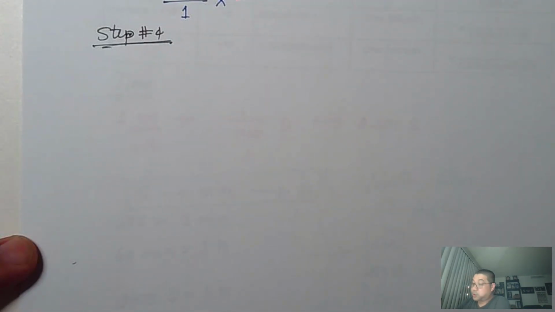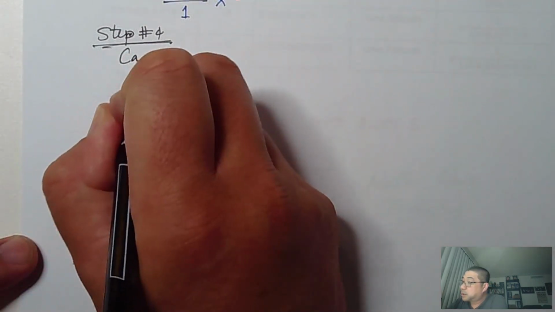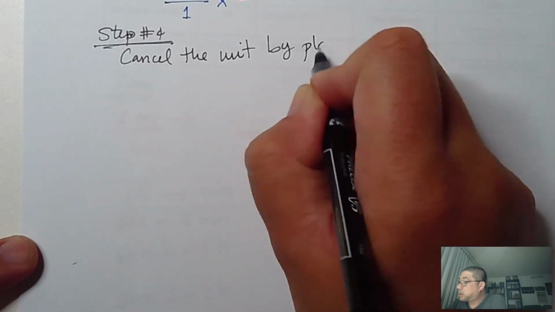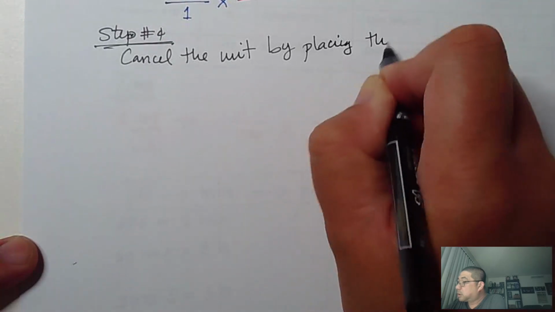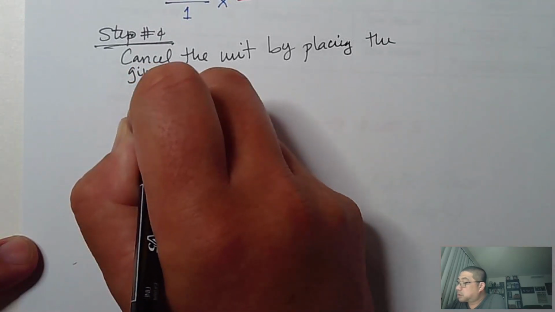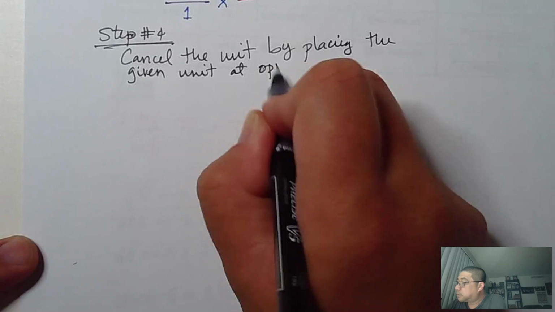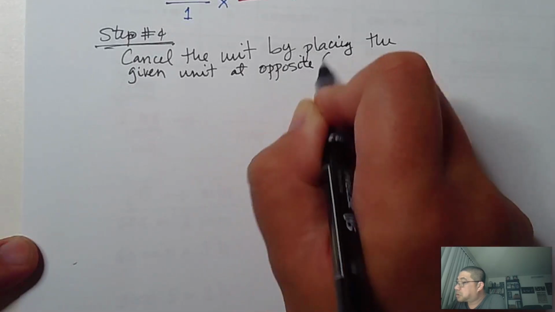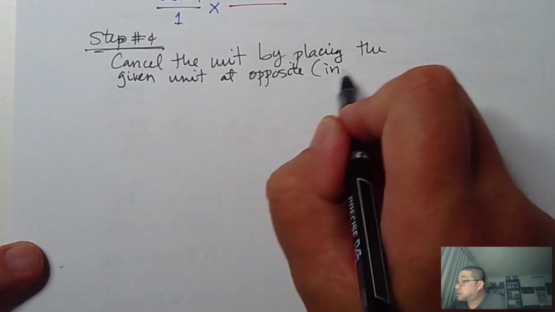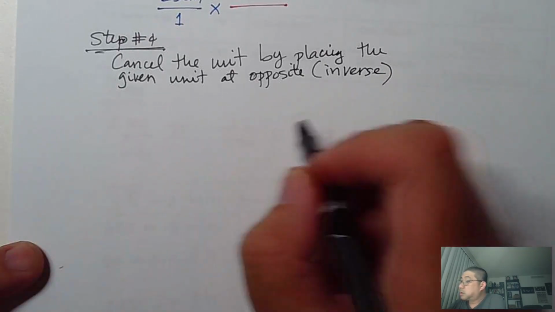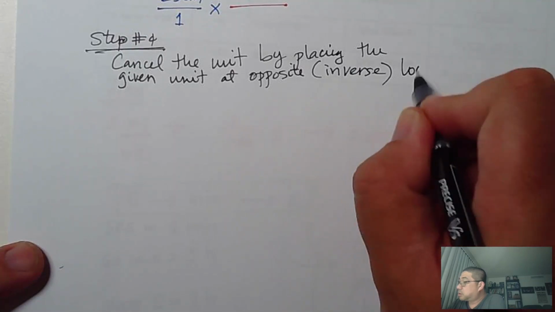So, let's write the procedure: cancel the unit by placing the given unit at the opposite side. Sometimes some of you like to use a more complicated word, which is inverse. Unit at the opposite or inverse location of the line.